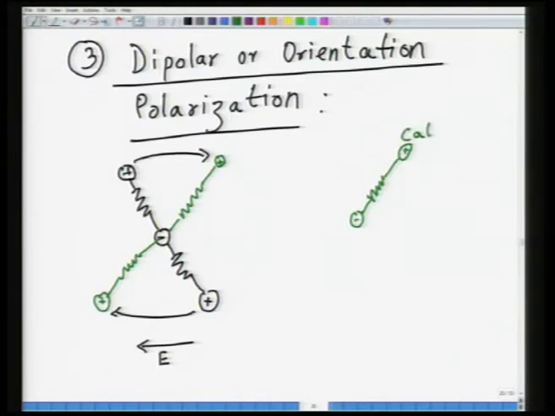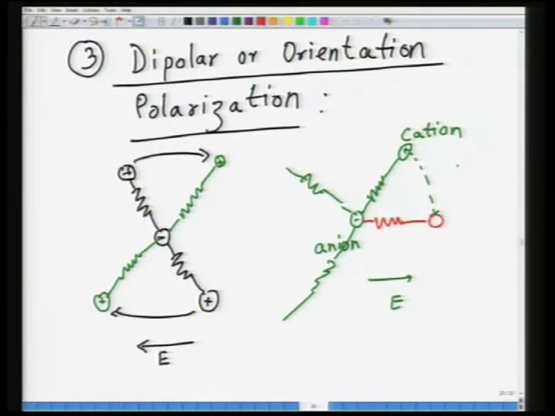So, this is your cation, this is your anion, and this is also bonded to other atom elsewhere. Okay. So, when you apply field in this direction, this guy will move to a position which would be something like this. So, going from one position to another, which could be another equilibrium position.